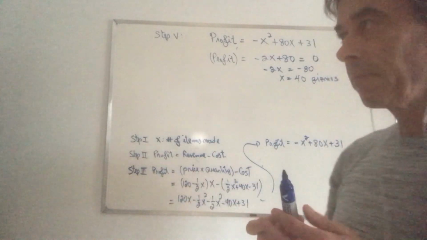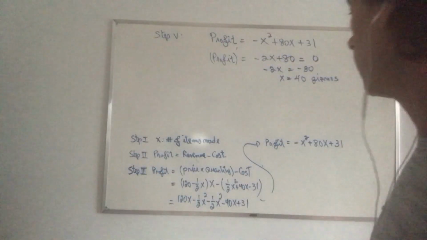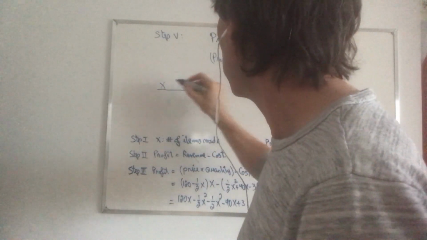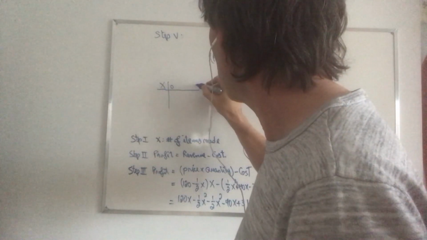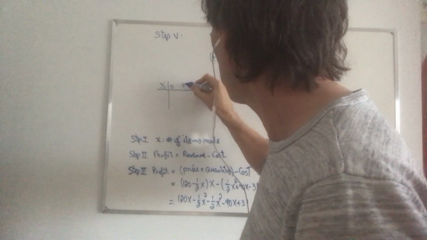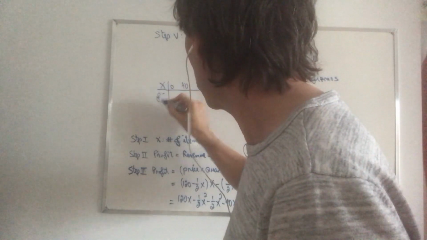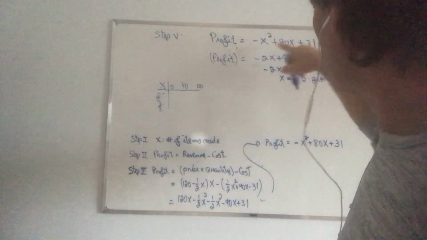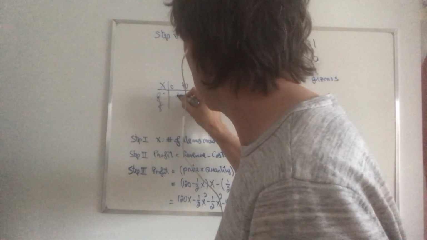Is it a local min? Is it a local max? Well, let's make a quick little table. I guess I can squeeze it in. And the table goes like this. So again, 0, infinity, and my only critical number is 40. Here's an f and an f prime. If I take 0, I'm going to get a plus.